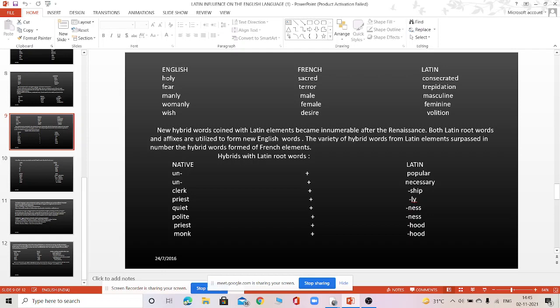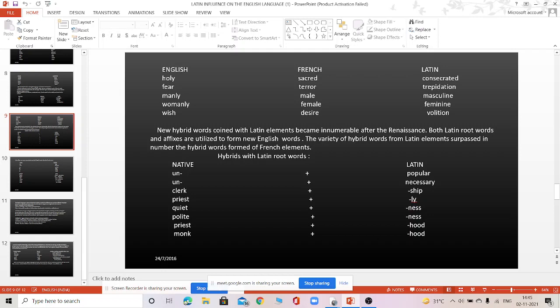Clerk plus ship. Here it is the reverse, a small element that comes after, clerkship. Priest plus ly, priestly, like a priest. Quiet plus ness, quietness. Polite plus ness, politeness. Priest plus hood, priesthood. Monk plus hood, monkhood.